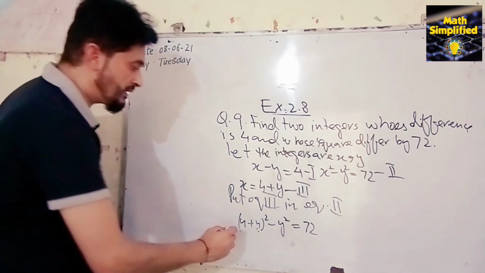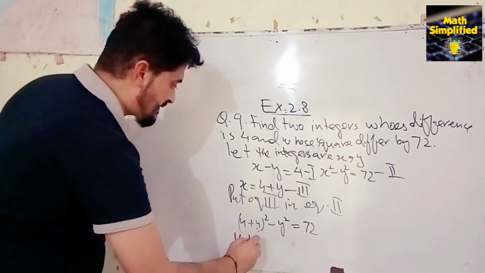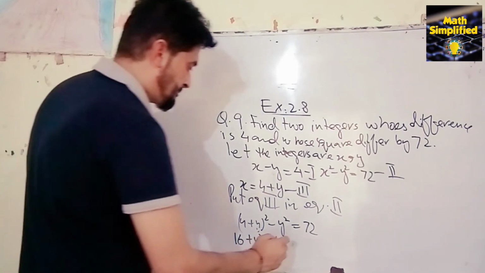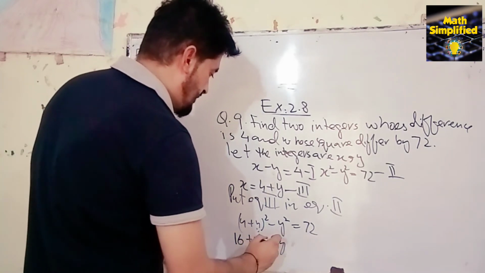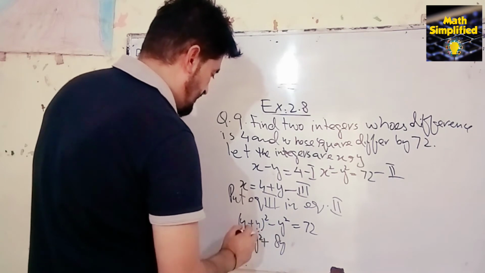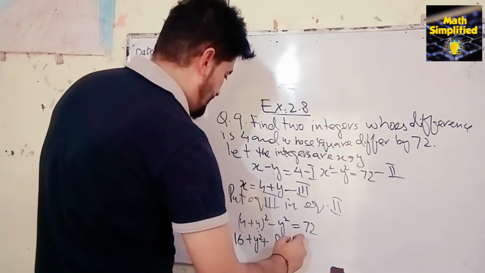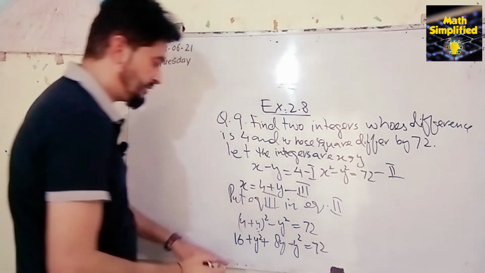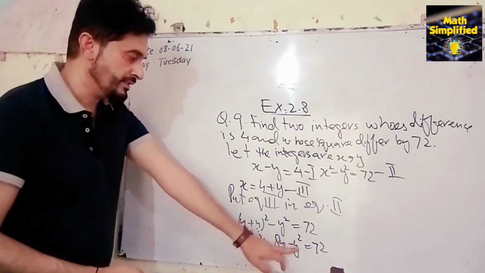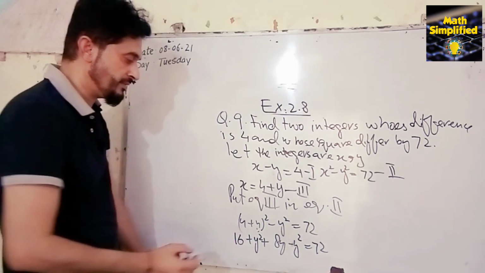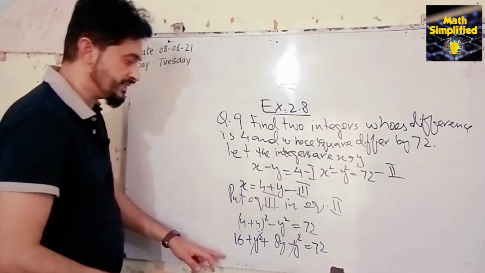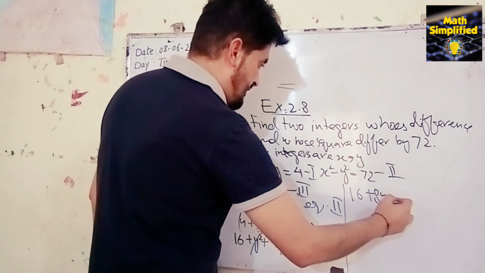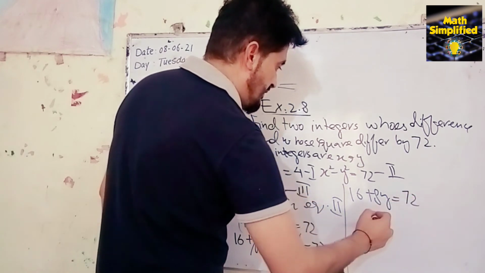Now open this formula: 4 4s are 16 plus y square plus 4 2s are 8y minus y square is equal to 72. Now we can see that plus y square and minus y square will cancel each other, and we have left 16 plus 8y is equal to 72.